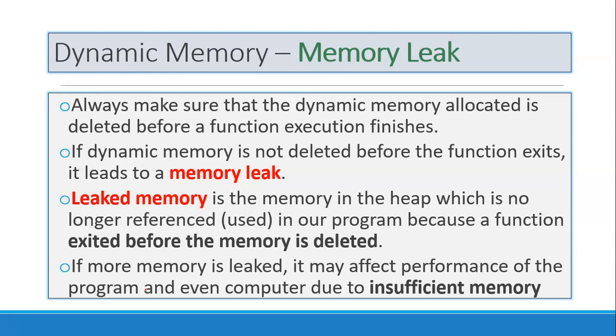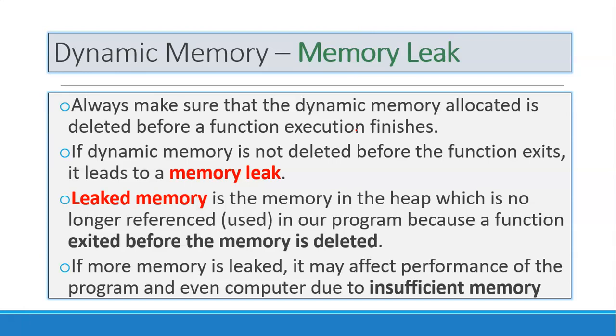So always make sure that the dynamic memory allocated is actually deleted before you have a return statement, for example, or before the function finishes execution. Because if we don't do that, then we'll have dynamic memory allocated still existing even after finishing executing that function.